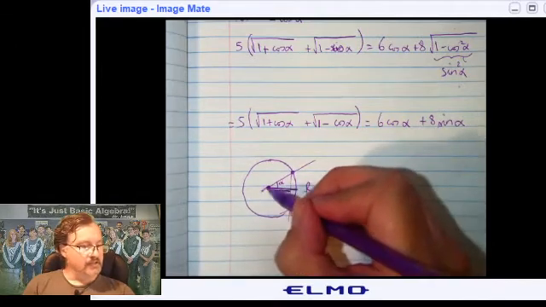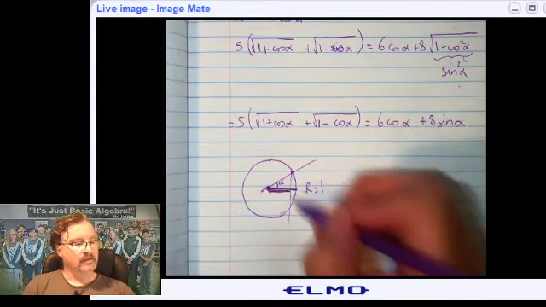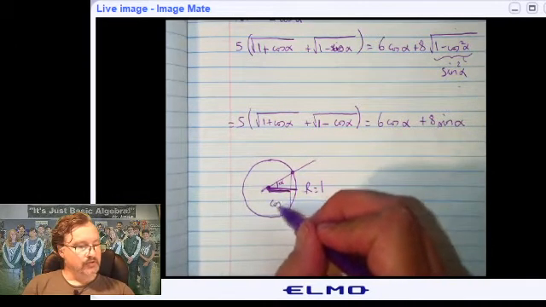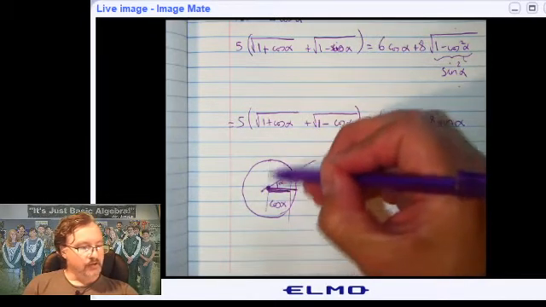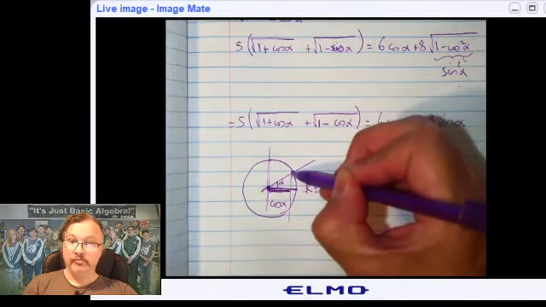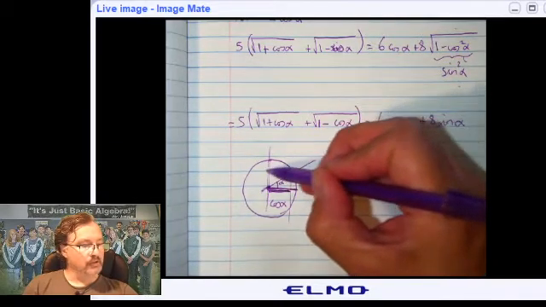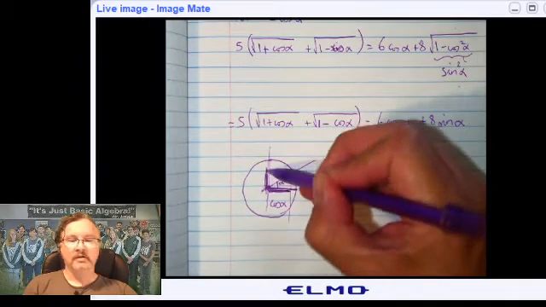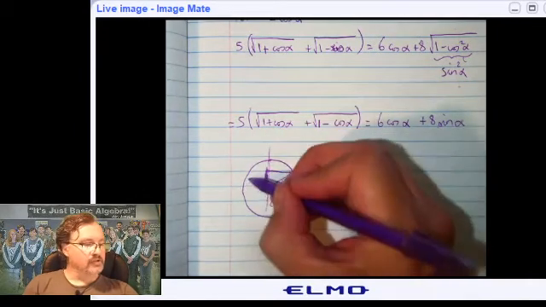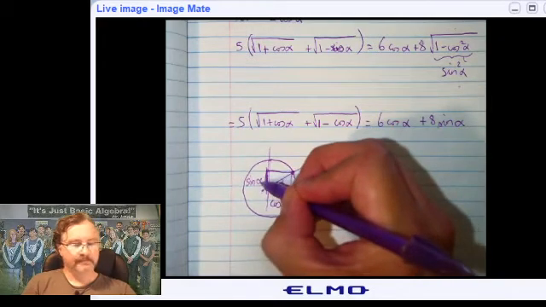And this distance is equal to cosine alpha. If I consider now the projection of that same point onto the y-axis, then that projection is the sine of the angle alpha.